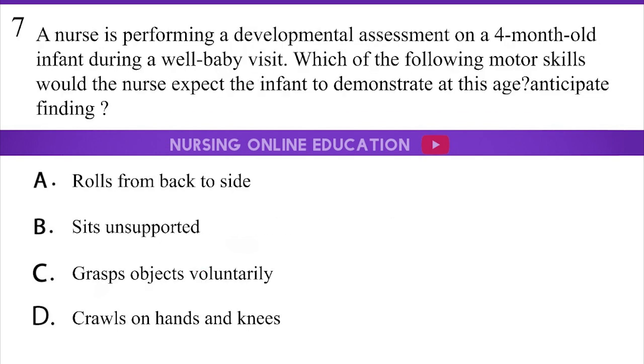7. A nurse is performing a developmental assessment on a 4-month-old infant during a well-baby visit. Which of the following motor skills would the nurse expect the infant to demonstrate at this age? Anticipate finding. A. Rolls from back to side. B. Sits unsupported. C. Grasps objects voluntarily.